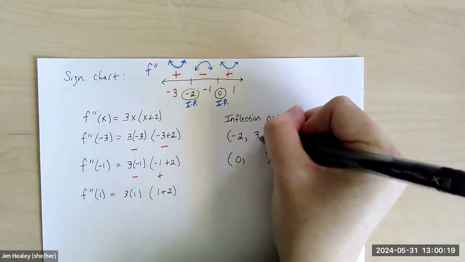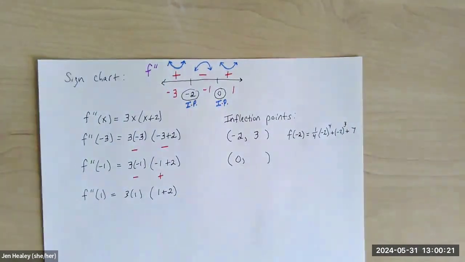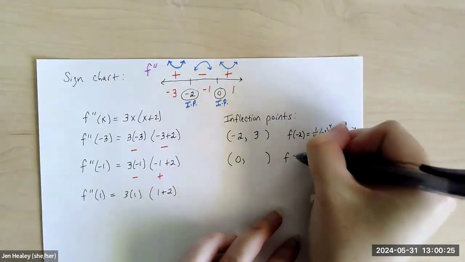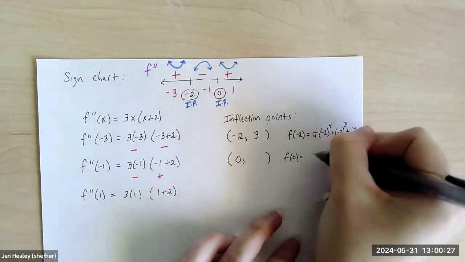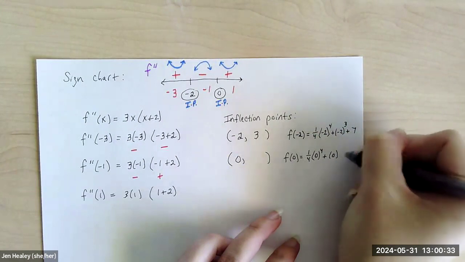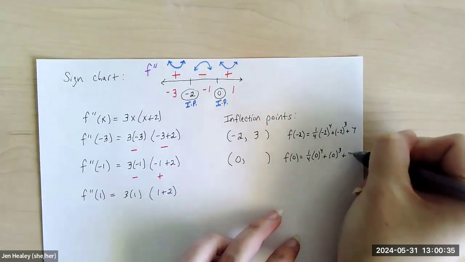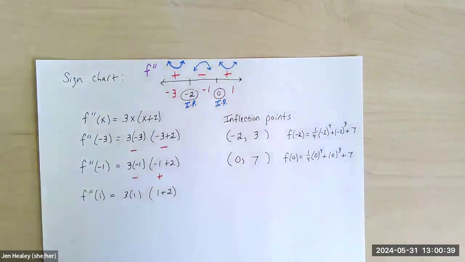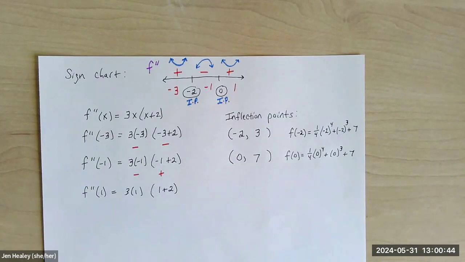I'm just going to do that speedy like. So -2 comma 3. And then f of 0 will be 1/4 times 0 to the 4th power plus 0 to the 3rd power plus 7. So 7 is going to pop out of that one. So those are our two inflection points, -2 comma 3 and 0 comma 7.